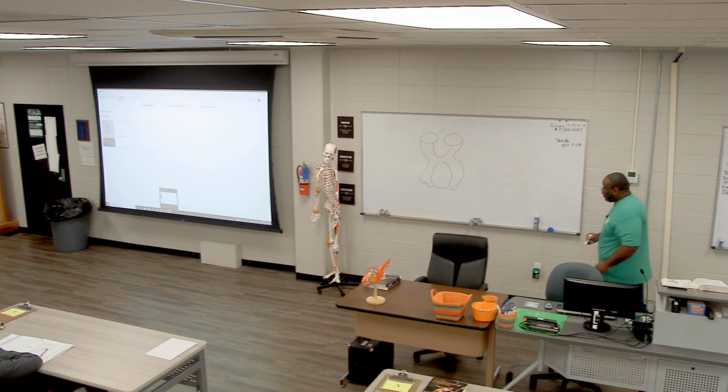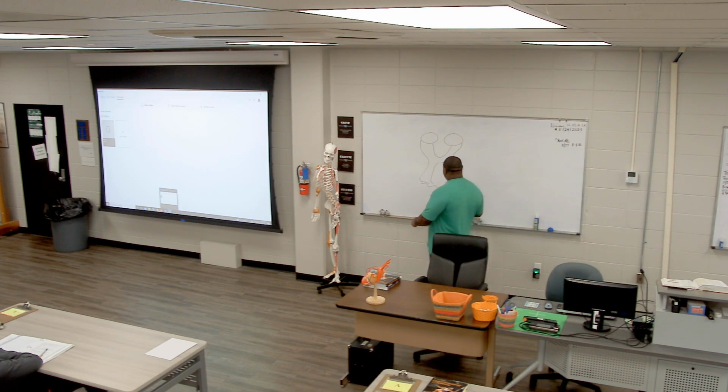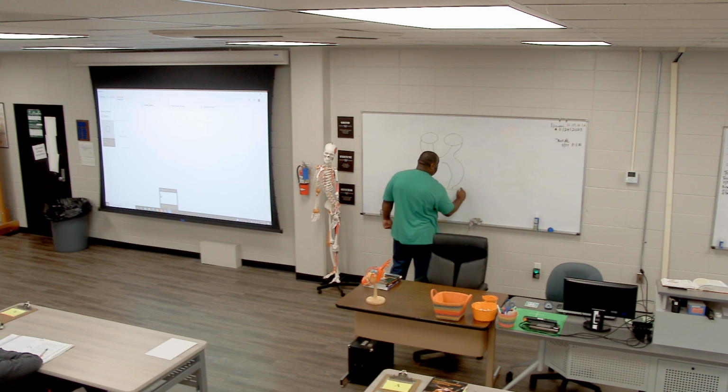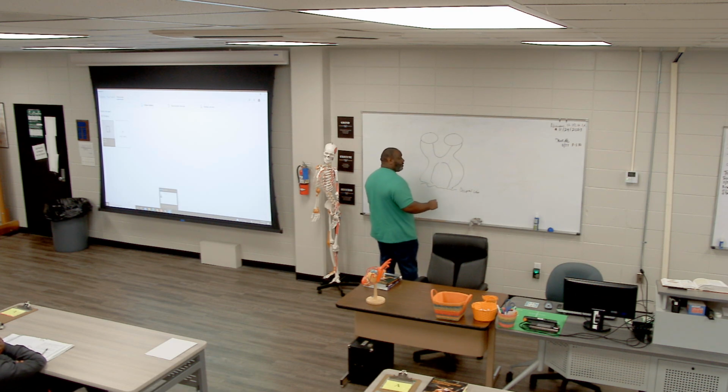So let's start labeling parts. So this here is the occipital lobe, which processes visual information.